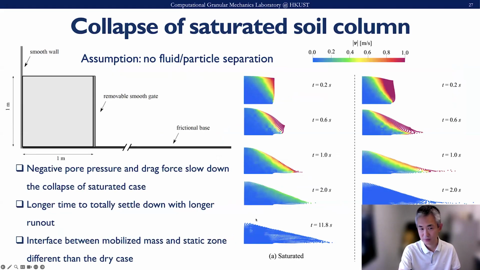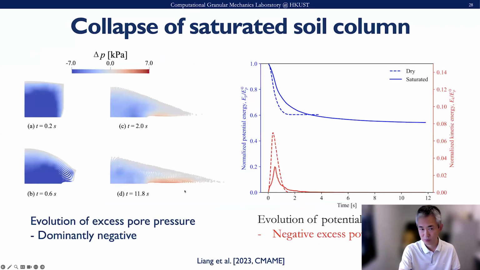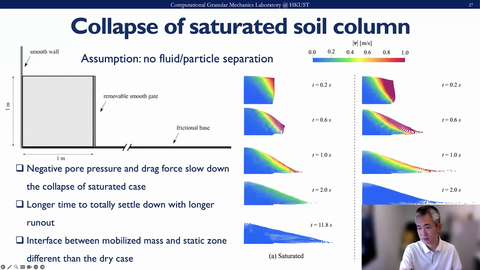But this will generate certain detailed aspects that we can really analyze for the problem. Especially since we don't hold the water with the soil sample, sometimes that can generate certain negative seepage pressure, which affects, for example, the collapse distance, the runout distance that we monitor.